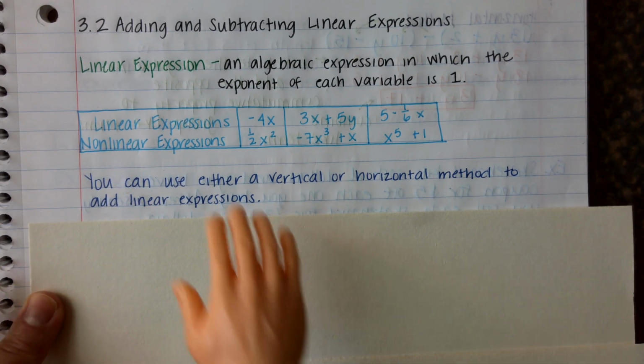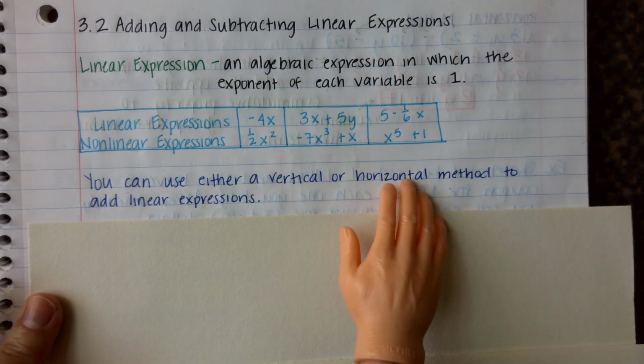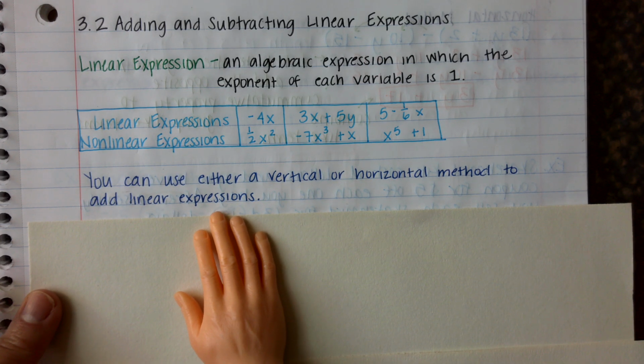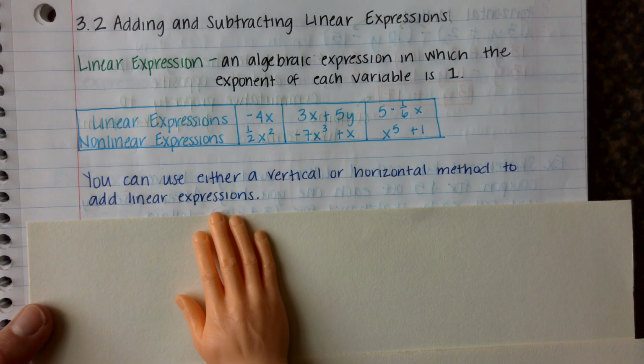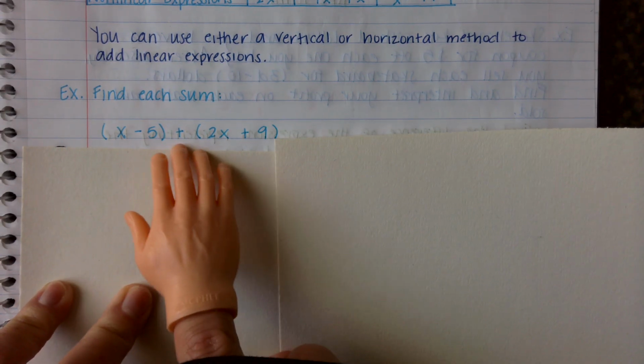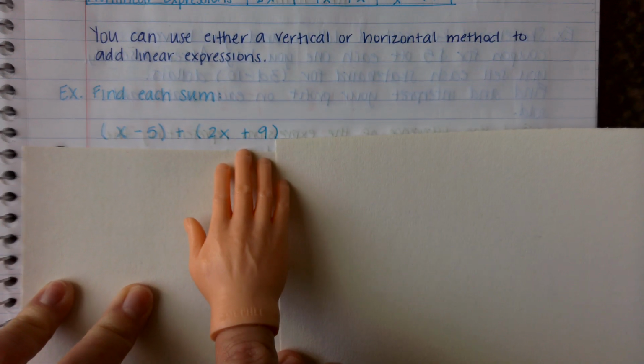We can use either a vertical or a horizontal method to add or subtract these linear expressions. Whichever way you choose is preference, but it is two different ways to show your work on how to add or subtract these.